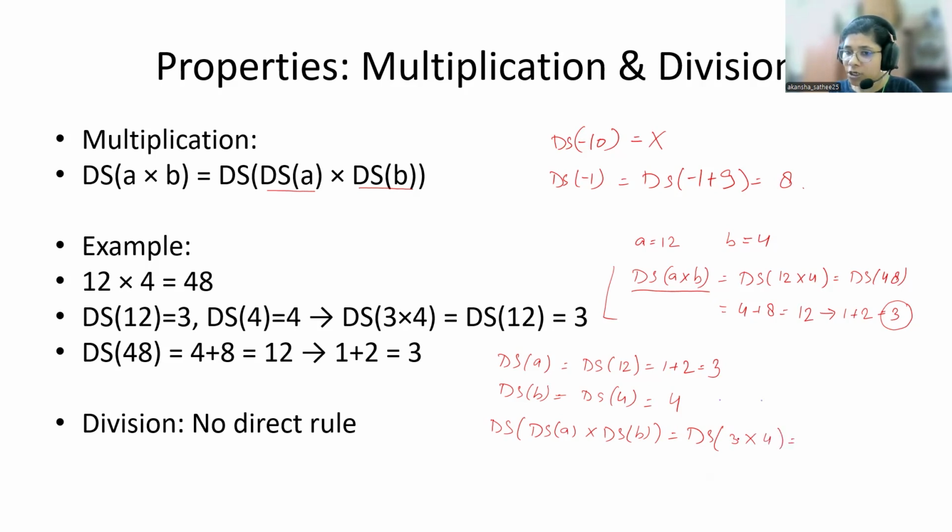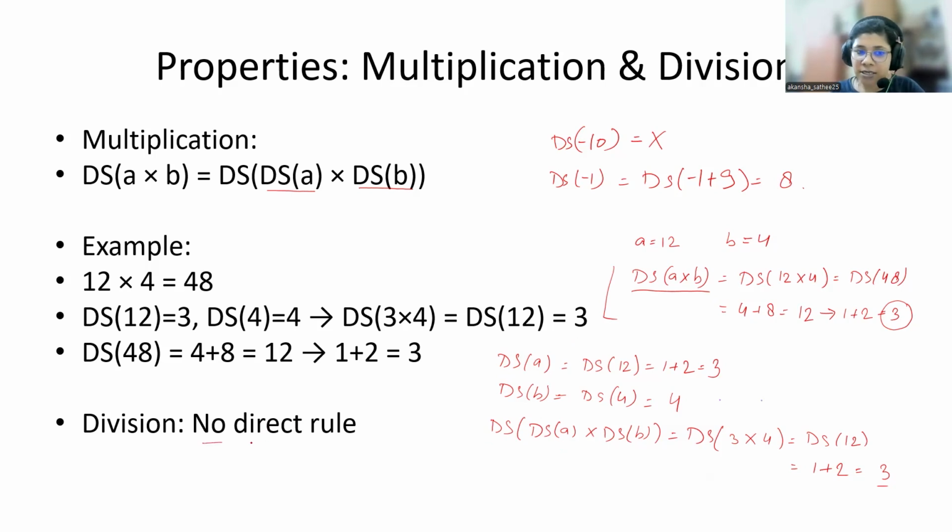So 4 into 3 is 12, and the digit sum of 12 is 1 plus 2, which is 3. So either you do the operation first and then compute the digit sum, or you first compute the digit sum of the individual numbers, then do the operation and compute the digit sum. It does not matter.